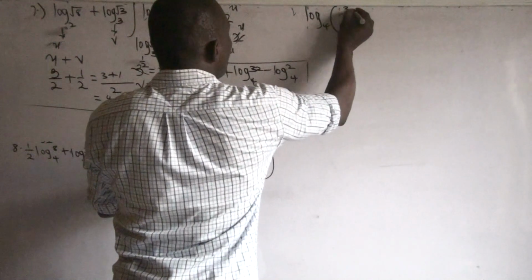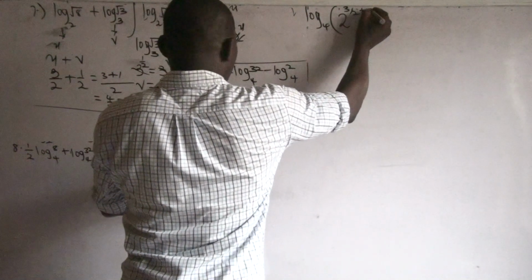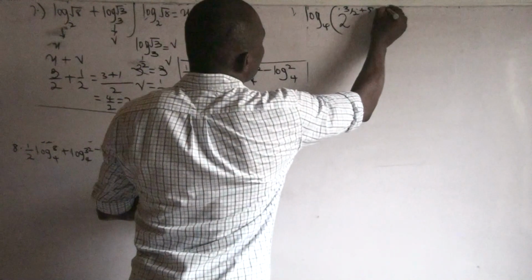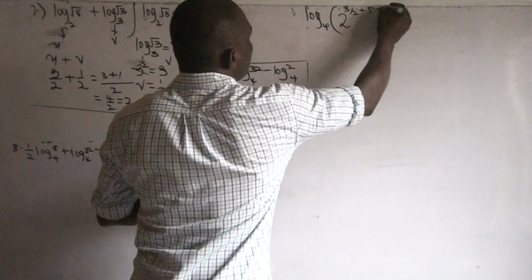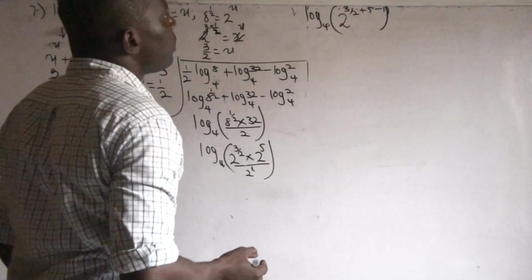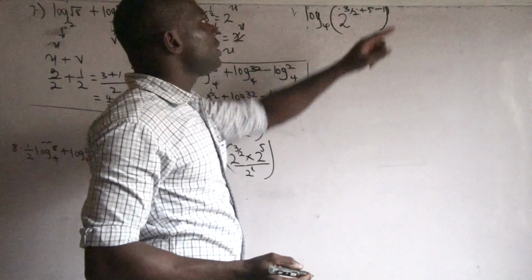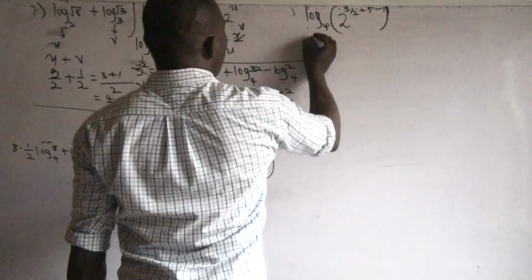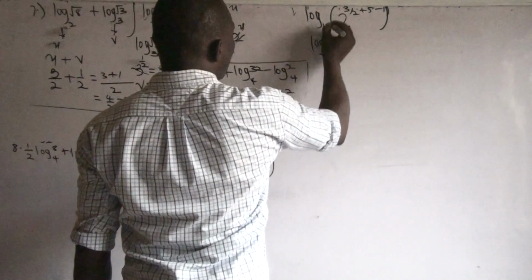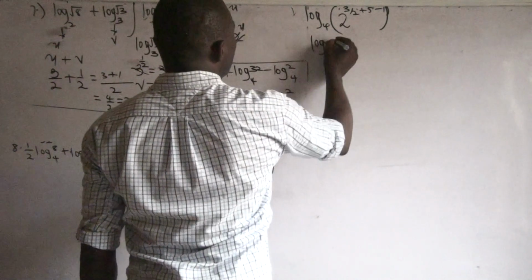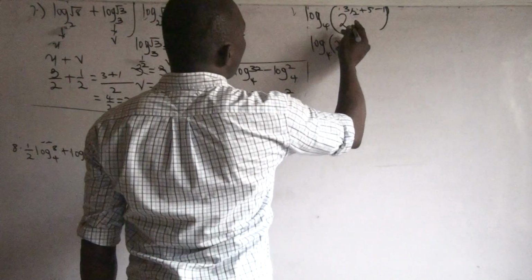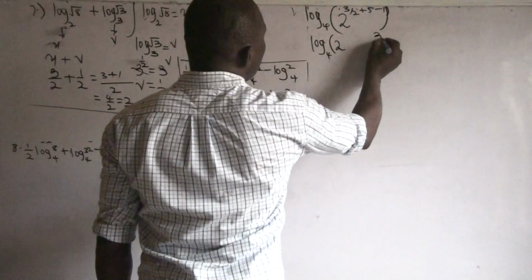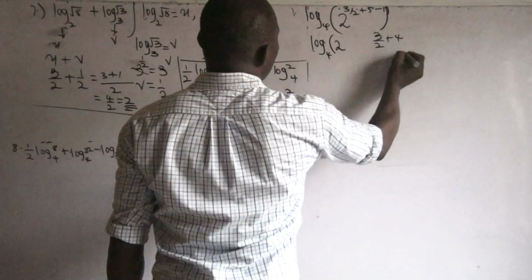Here will be 3 over 2 plus 5 minus 1, so that's what will happen there. So 5 minus 1 is 4, and we have log base 4 of 2 raised to the power 3 over 2 plus 4.